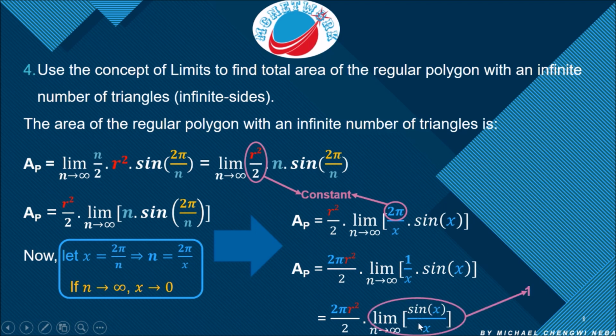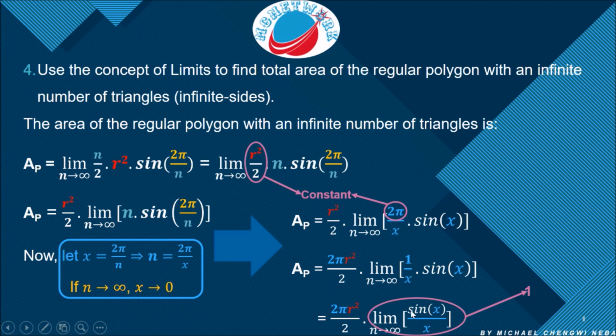At this point, those who actually understand that the limit as x tends to 0 of sine x over x is equal to 1 can do that, and they will have the end of the proof of the area of a circle. But at this stage, we still need to show mathematically how this is going to be equal to 1.